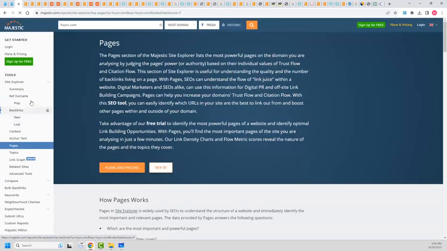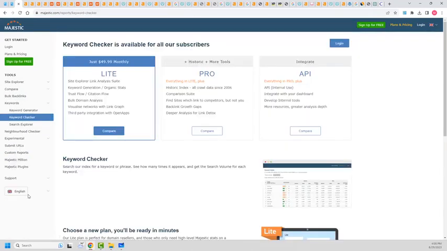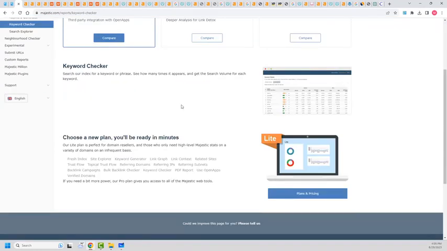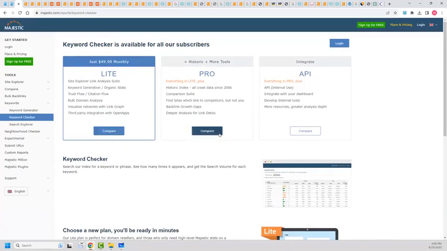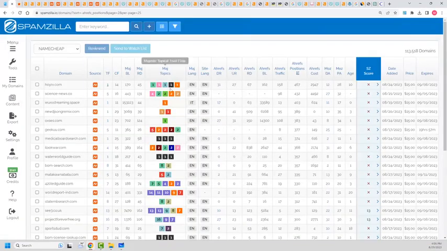Pages, backlinks, new. I mean, here's keywords. Let's see. Keyword checker. $49 a month. Okay. Not a super fan of this. We'll have to test it out. But yeah, I couldn't tell you what those are.